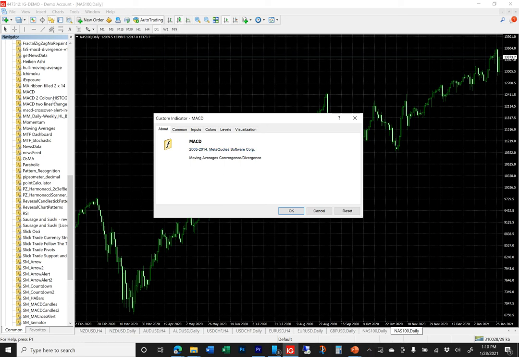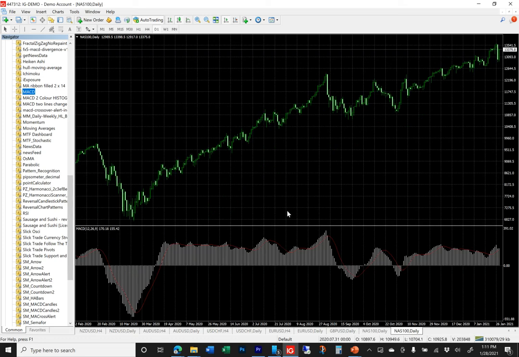I think that was the color histogram and the 2 lines change color. You can go to MetaTrader 4 and download some cool ones. Just look up MACD crossover alert or MACD cross indicator, and it'll give you some different options to choose from. This is just a basic single line MACD, but you can still get what you need.